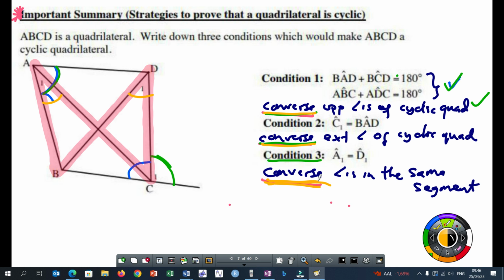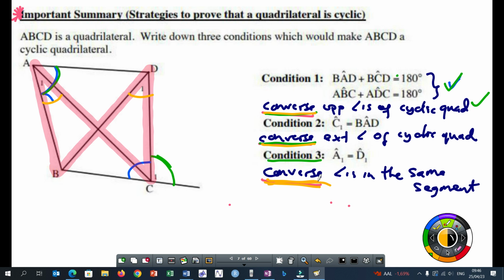Okay, so there are 3 ways. It's not that challenging, but from my experience, you learners make it a bit challenging. You need to know where to start. So with proving that quadrilaterals are cyclic, you have to know that there are 3 ways. You can use the elimination method. Identify if there's a butterfly. If it's not there, you throw away condition 3.